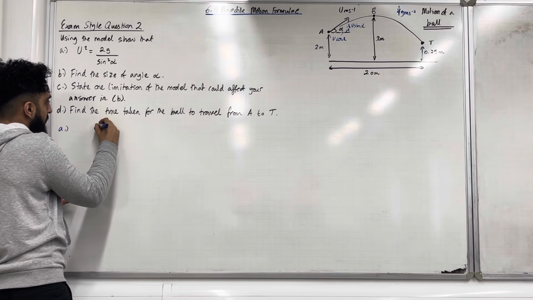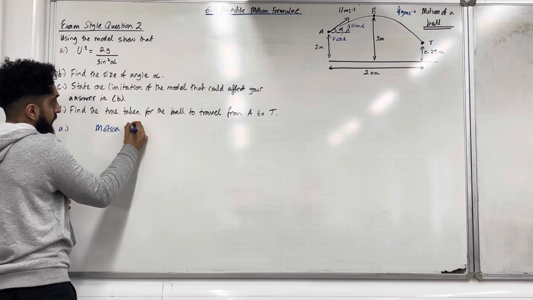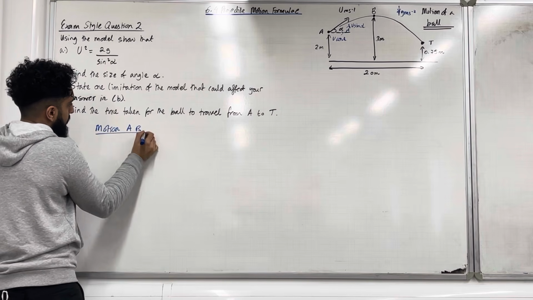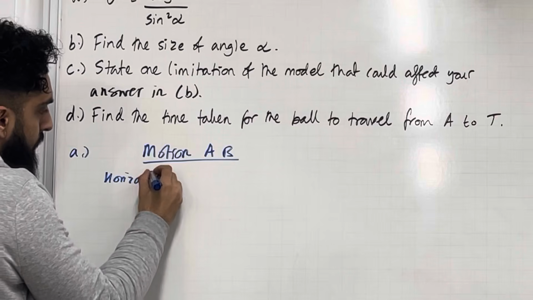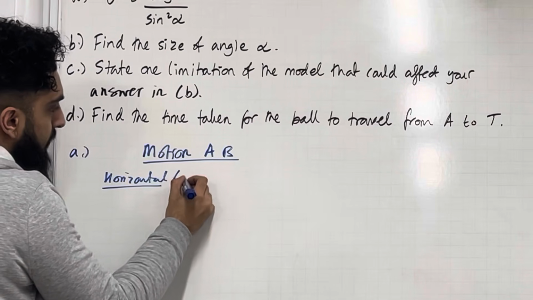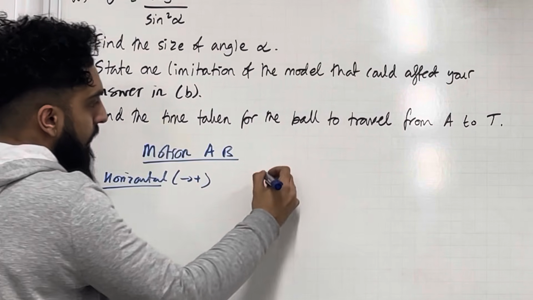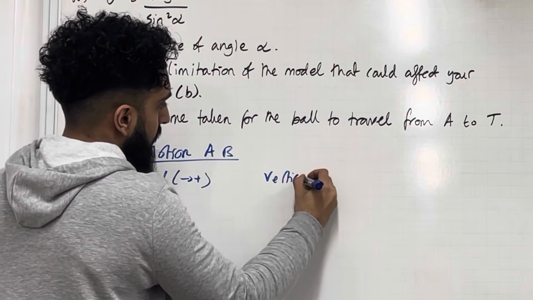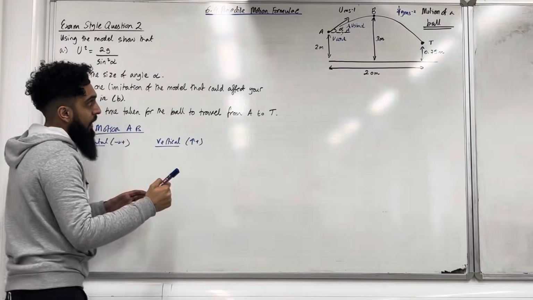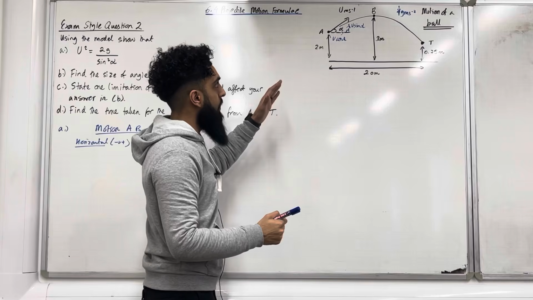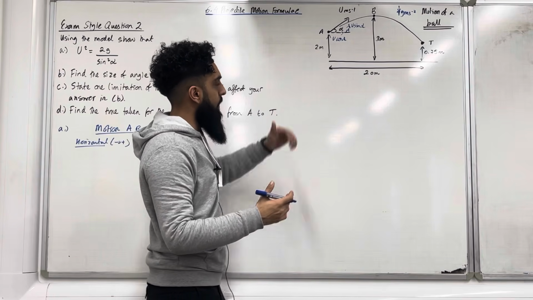I'm going to take the motion A to B. So we've got horizontal, taking right to be the positive direction. We've got vertical, taking upwards to be the positive direction, because from this point of projection, the particle, or you could say the ball, is projected upwards.